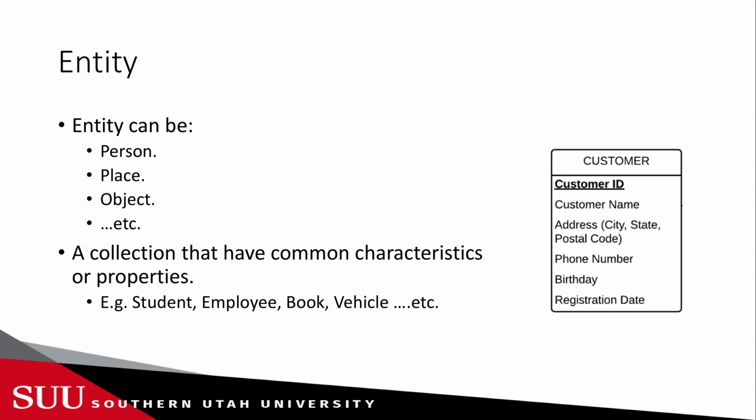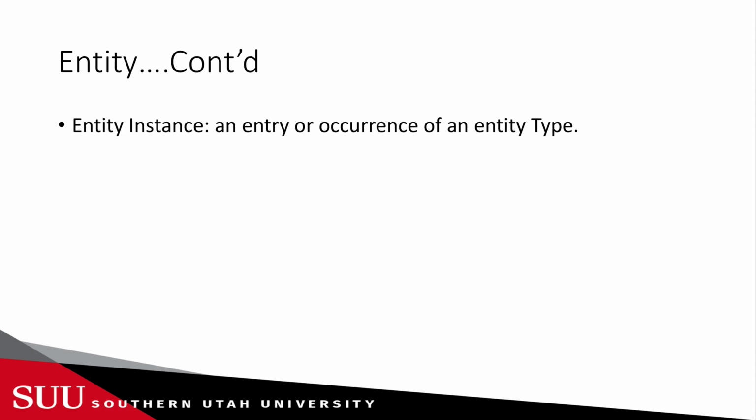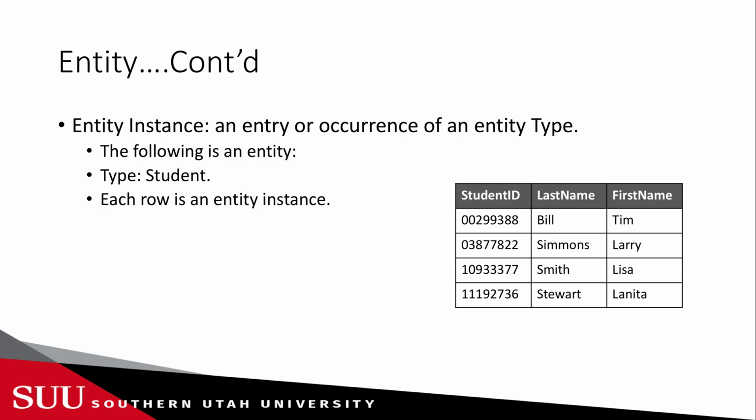And this is a way to model the entity along with the attributes. Now, there is another way to model the entity without the attributes, as we will see in upcoming slides. Now, an entity instance is an entry or an occurrence of an entity type. So in this case, the student is the entity type.